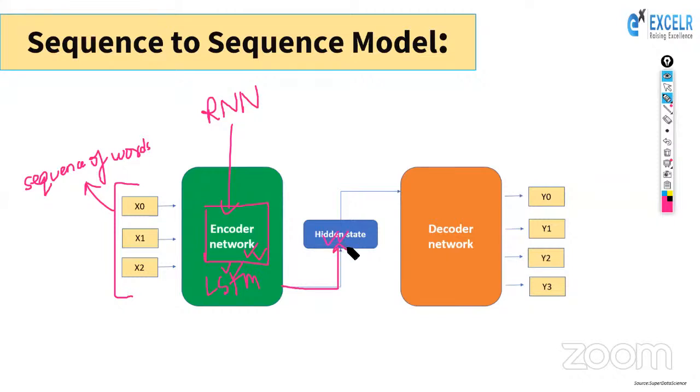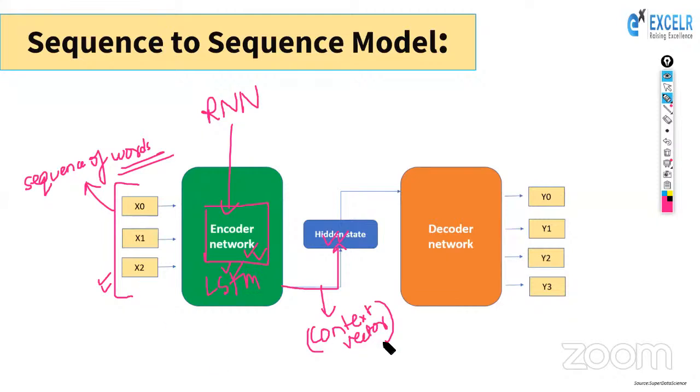The output of the encoder network goes to the hidden state, and the output is what we call a context vector, which is nothing but the compressed or encoded form of your input data set. And if you see, your input is in the form of text only, right?